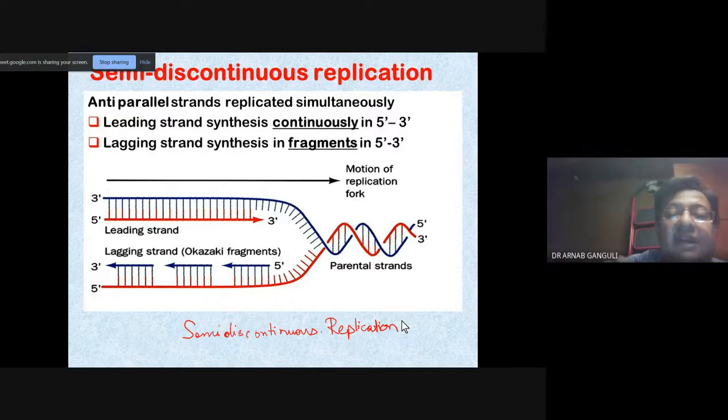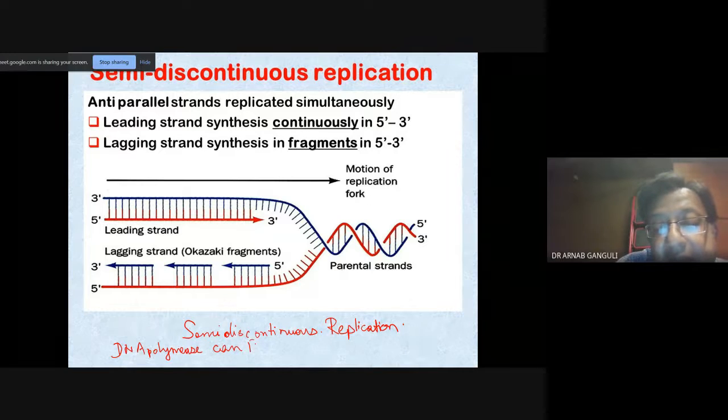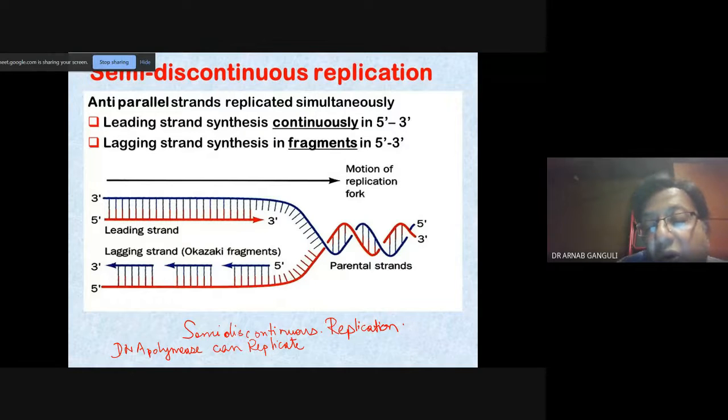One thing is for sure, DNA polymerase can replicate only in 5 prime to 3 prime direction. Otherwise, it cannot do so.